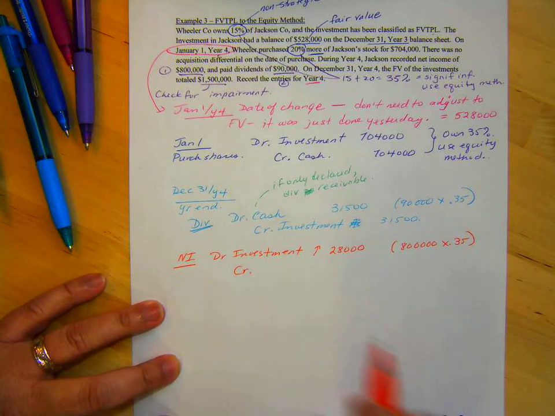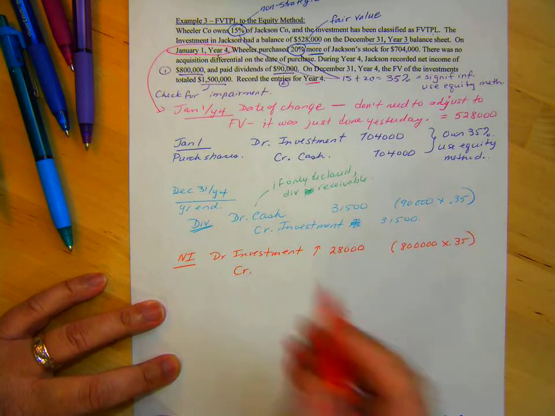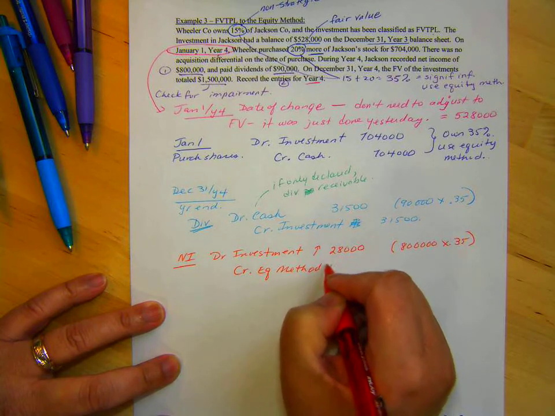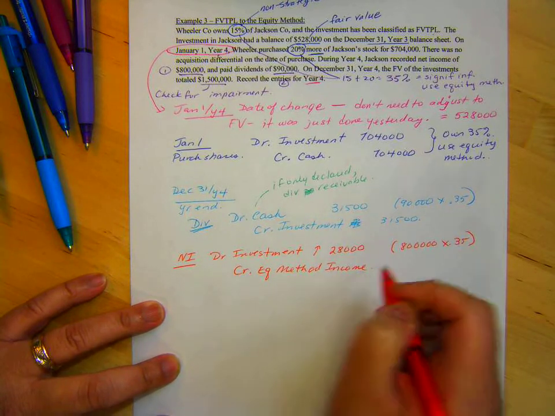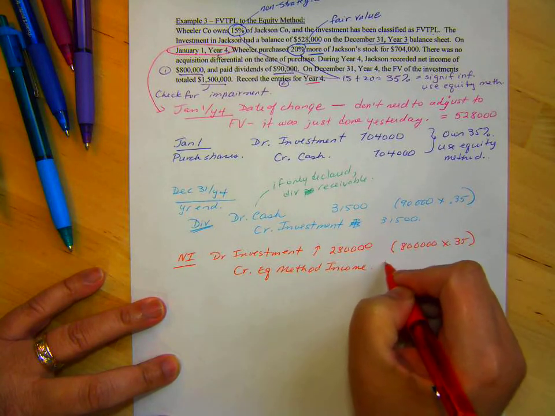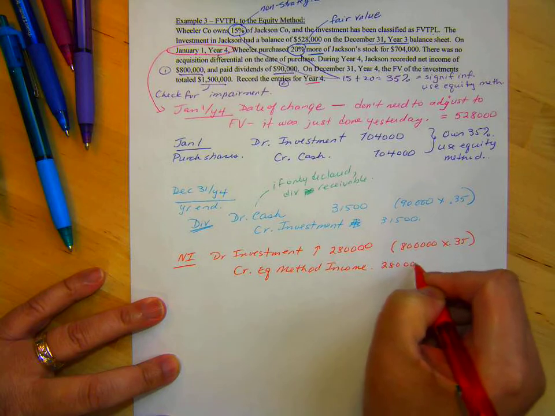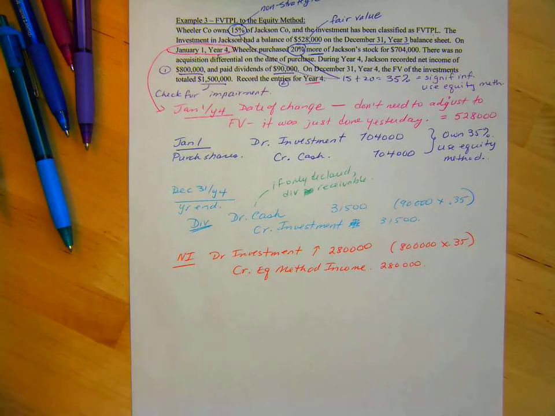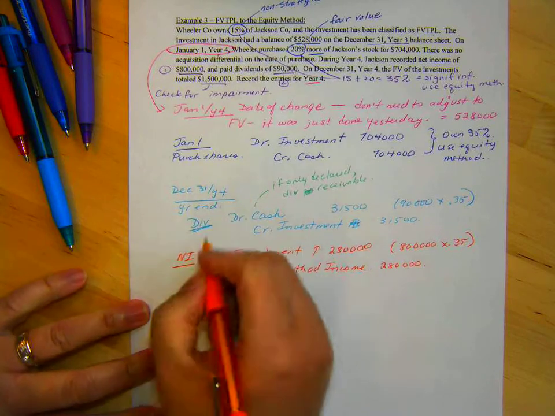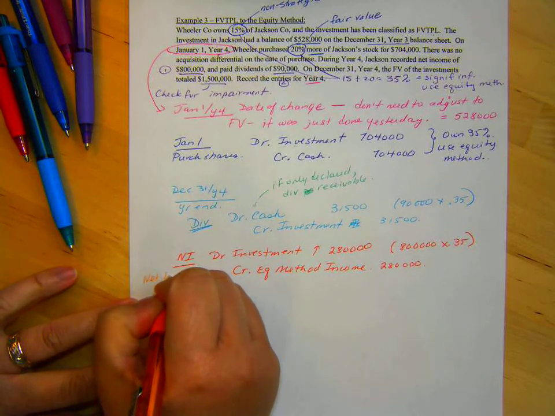What was their new account? Equity method income, and that's 280,000. Now, you guys, what if they had a net loss? Then what would you do? Yeah, a net loss would be reversed.